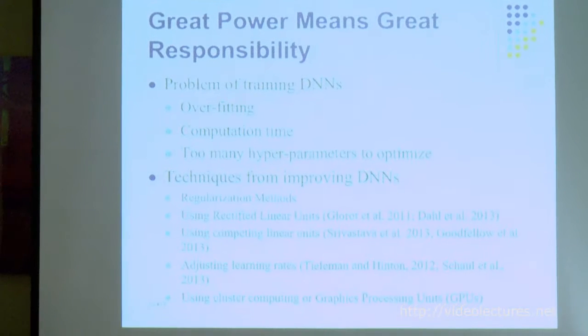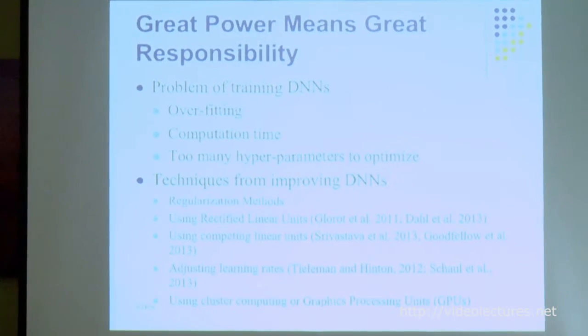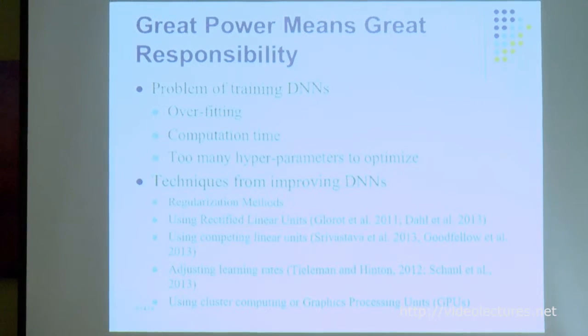One thing about deep learning is that great power means great responsibility. If you use a nonlinear transformation to generate additional features from the original data, you may have a very powerful capability to separate those cases not easy to be separated.